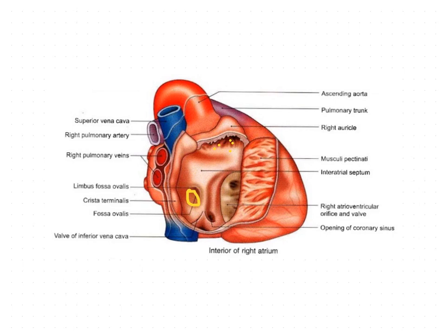This margin is called the limbus fossae ovalis, also called the annulus ovalis. Everything is the same.